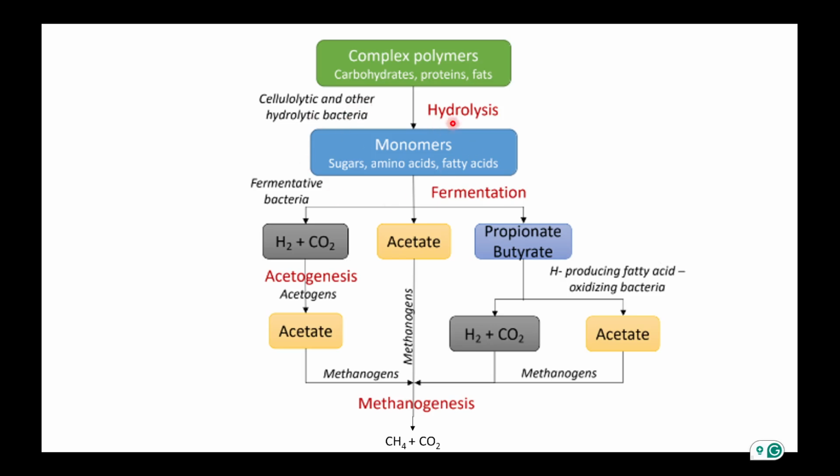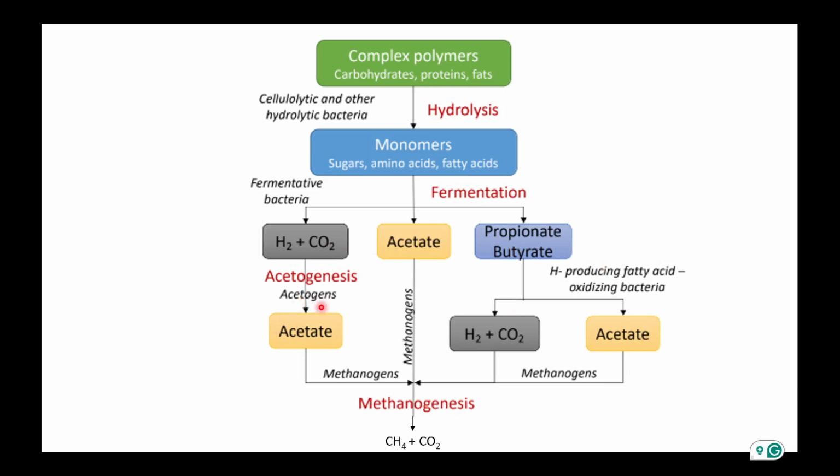Once hydrolysis is done, these monomers can then be fermented in different steps. Either they can be fermented into carbon dioxide completely, which can then be converted into acetate, or some can be directly converted into acetate, and some can be fermented into propionate and butyrate, which can ultimately go to acetate.